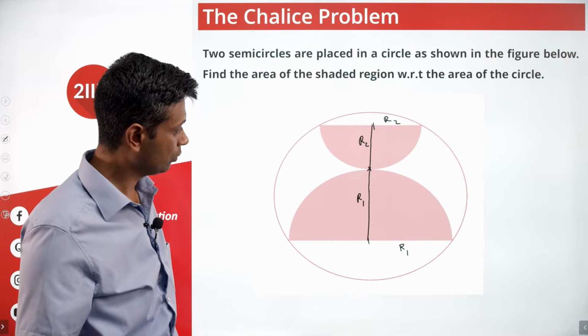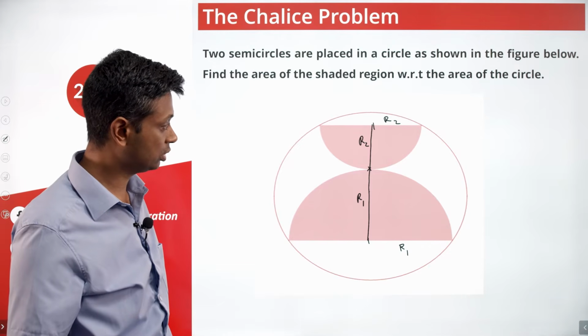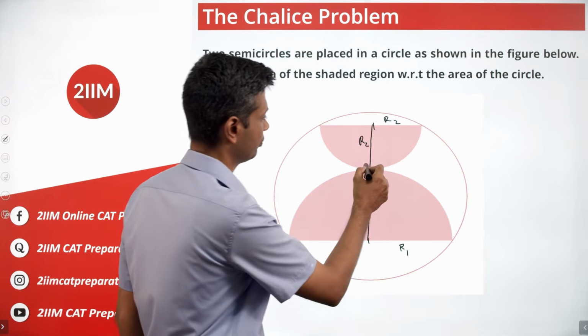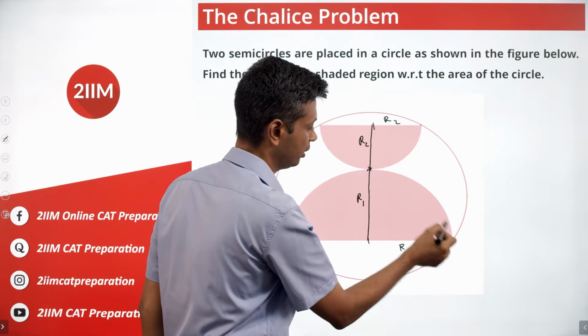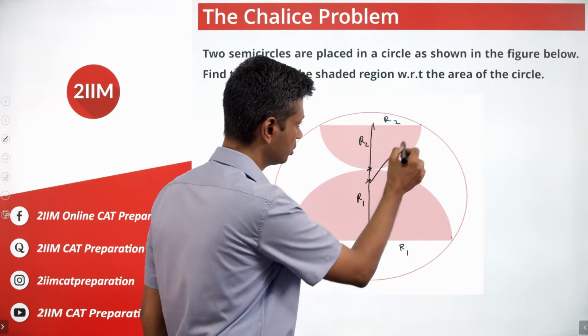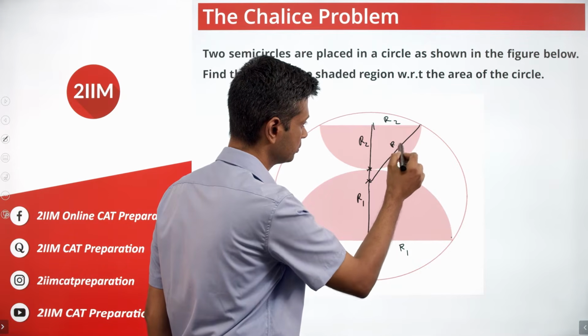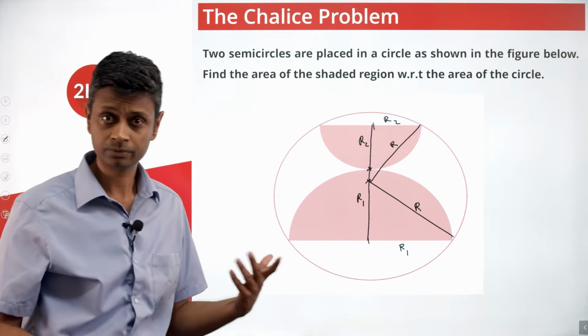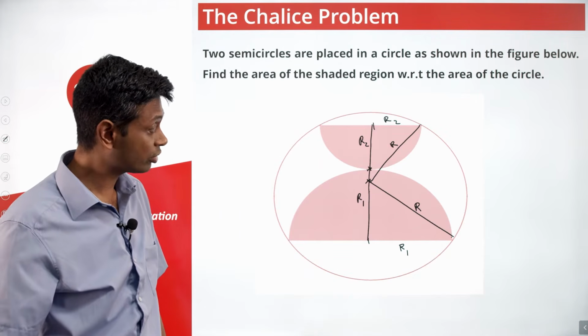Right? Now, if you imagine this circle, then you can draw this line and this line, or from the center, I can draw this radius to the center of the larger circle. Okay. Now think about this.